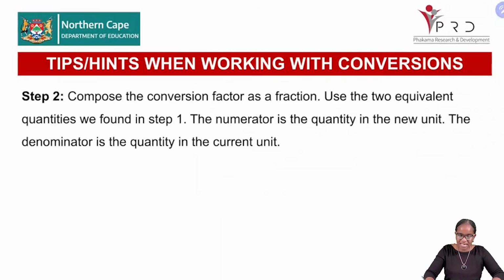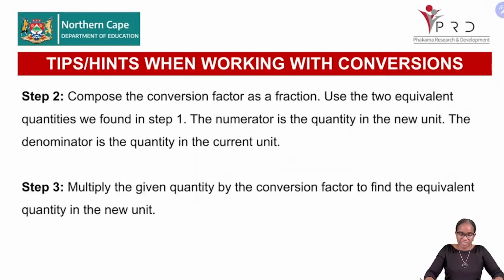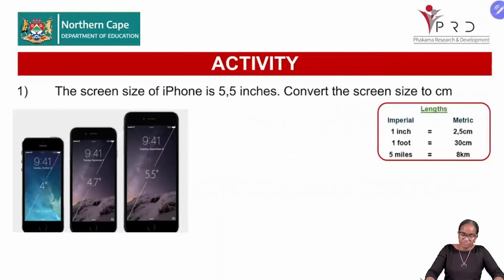The denominator is the quantity in the current unit. You will understand this as we go through the examples that we're going to work out shortly. Then step 3, multiply the given quantity by the conversion factor to find the equivalent quantity in the new units. Right.